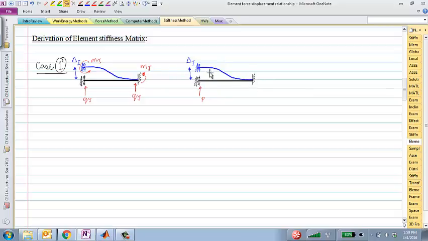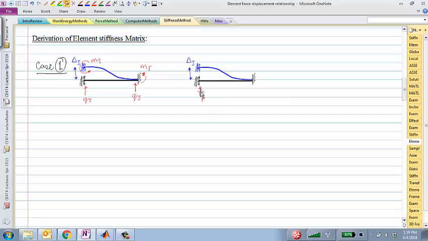In addition to that cantilever beam, we have a vertical roller here, right? So the degree of indeterminacy is 1. Actually, technically, it's 2 because the horizontal reaction is also unknown. But since we are accounting only for vertical directions, we can treat it essentially as a degree of indeterminacy 1.